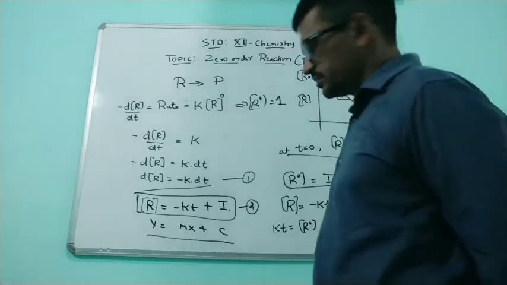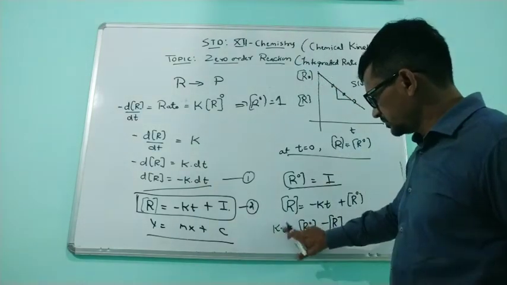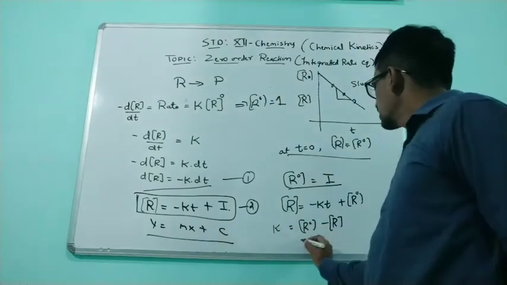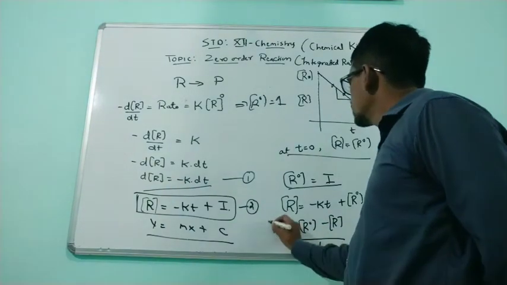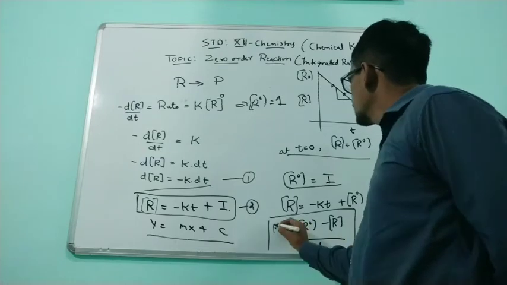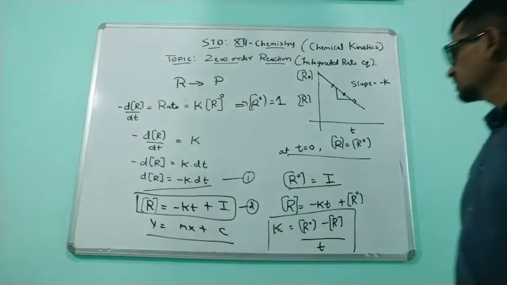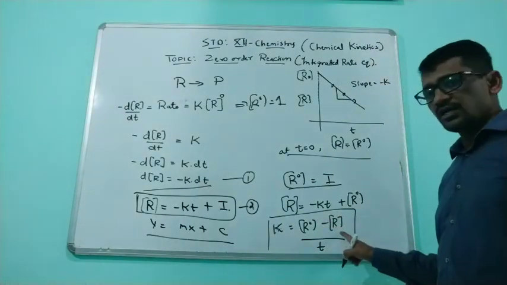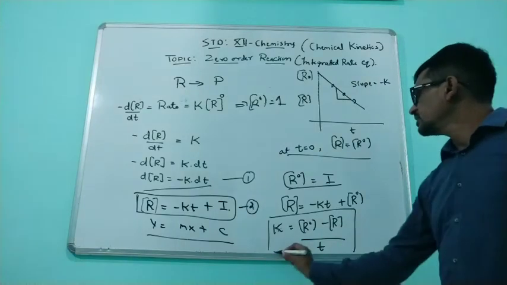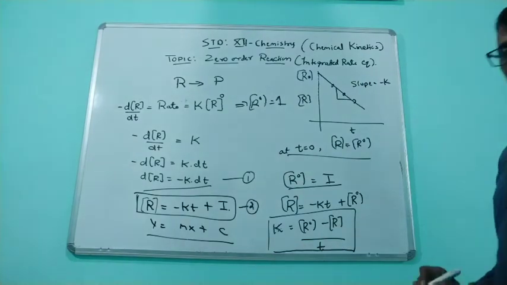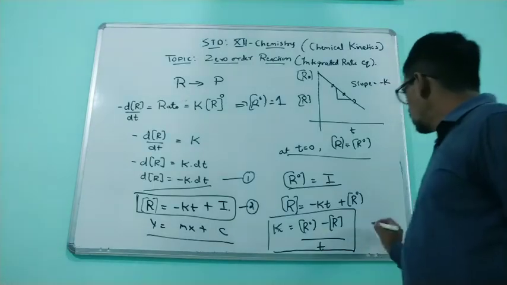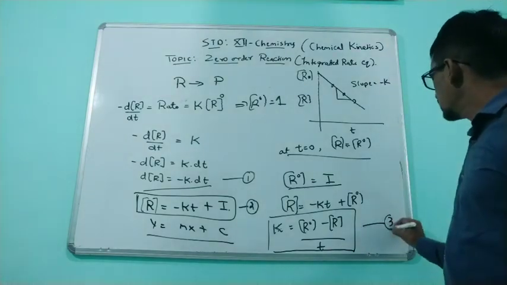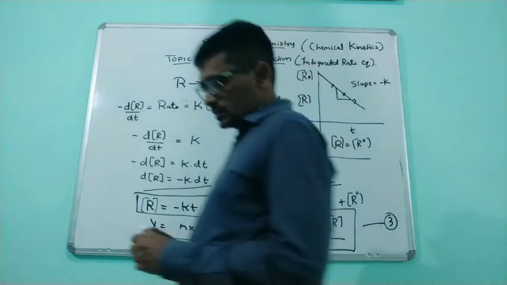Take kt to the other side, then kt is equal to [R]0 minus [R]. Take t to the other side, it is divided by t. So k is equal to ([R]0 minus [R]) by t. That is the integrated rate equation for zero order reaction, equation number 3.